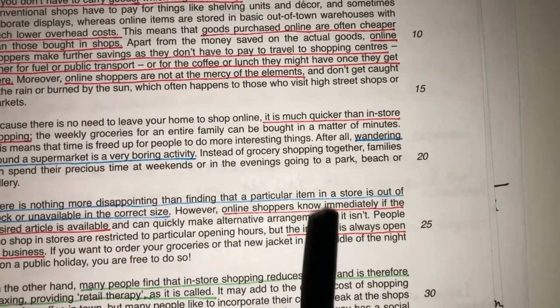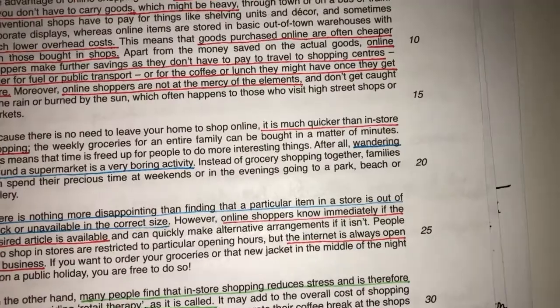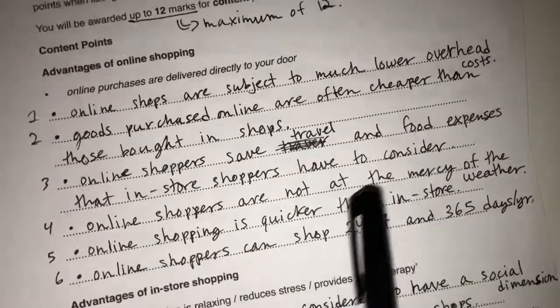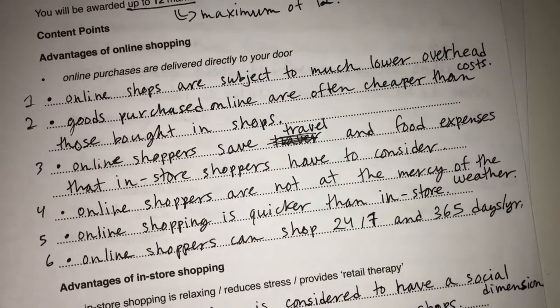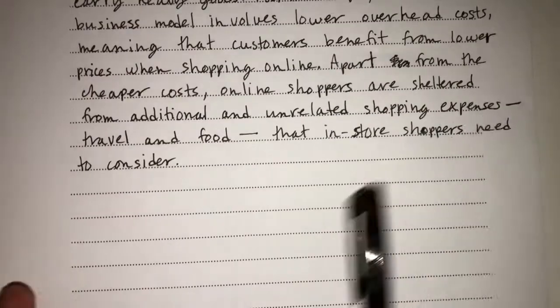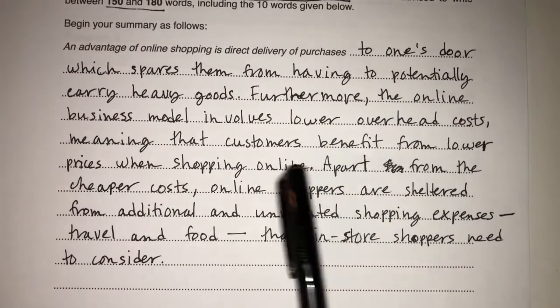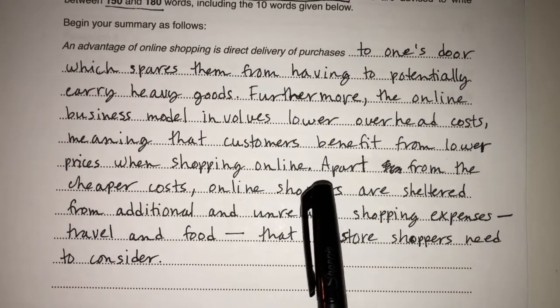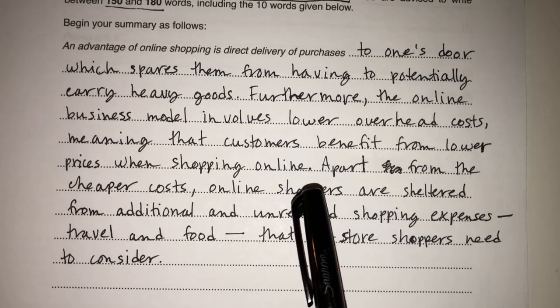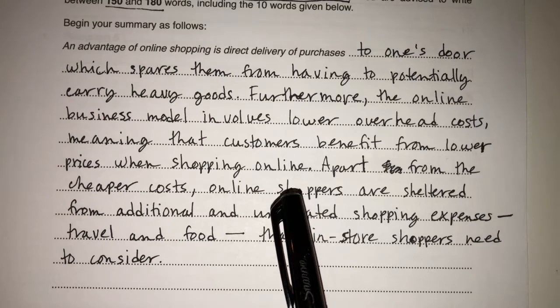Okay, so I don't have much. These are three little facts. Can I combine them? Because here I also am taking into consideration my space, right? I have quite a few sentences for online shopping, and I need to remember I have in-store shopping to cover as well. I also have my word limit.